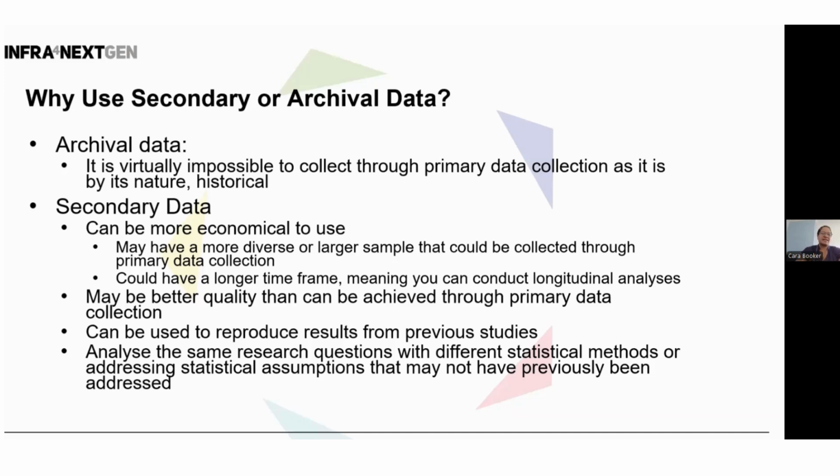And if you have secondary data, you might be able to find data that will provide you with a more diverse or larger sample that has already been collected than you might be able to collect by yourself, and the data might have a longer time frame, meaning that you can conduct longitudinal analysis. So if you can only collect data over a period of a year, you might be able, depending on how you're doing it, to get, say, two annual data collections, one at the beginning of the year, one at the end of the year.